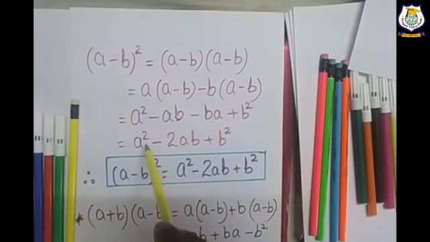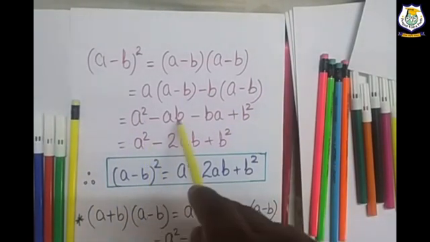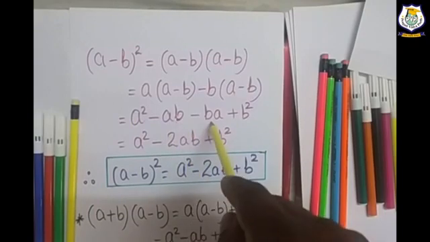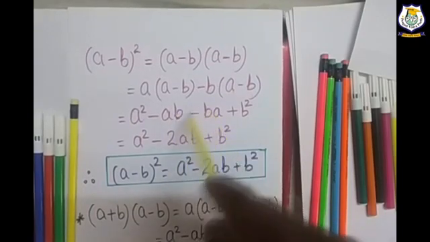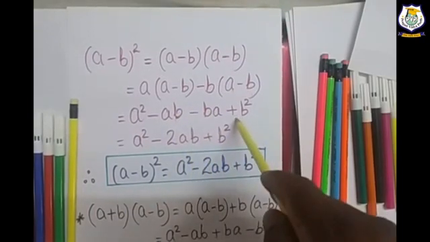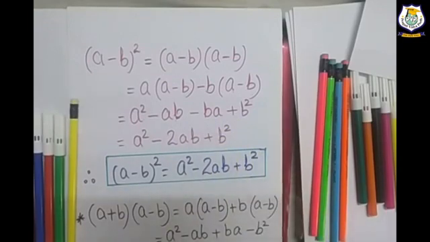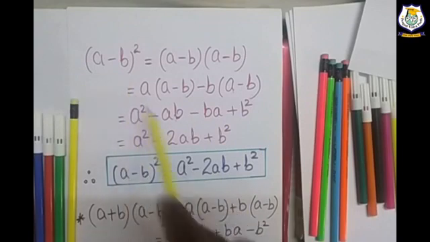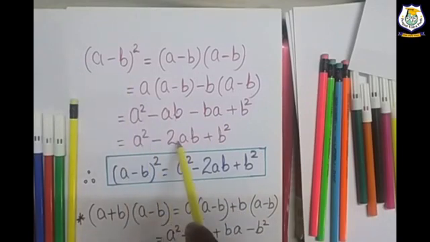After that, a square is there, minus ab minus ba are both the same terms, so we get minus 2ab, and plus b square is already there. So the second identity is a minus b whole square equals a square minus 2ab plus b square. This is how the second identity comes.